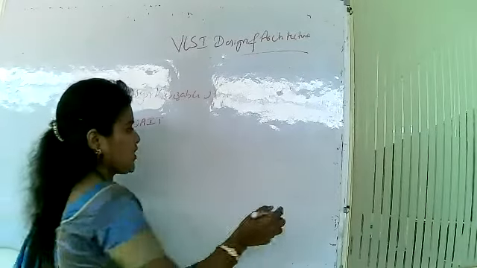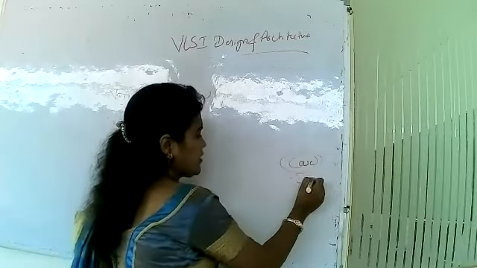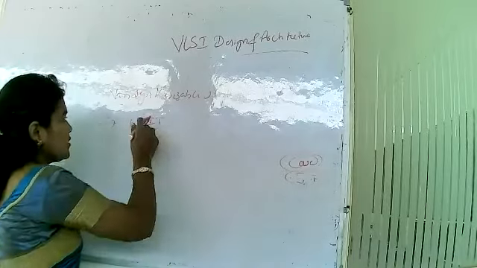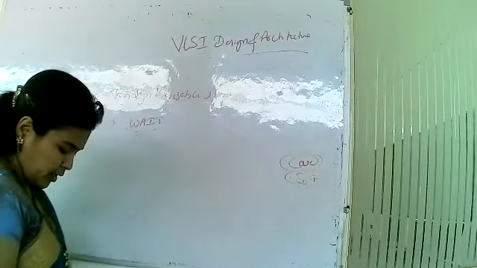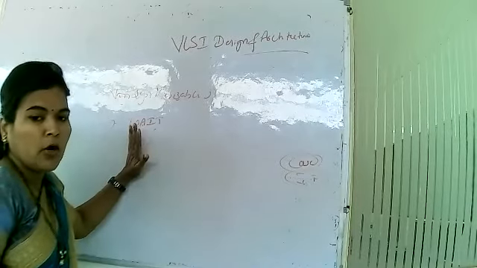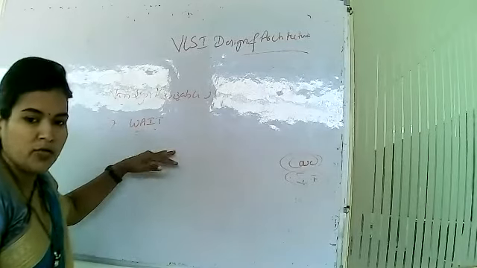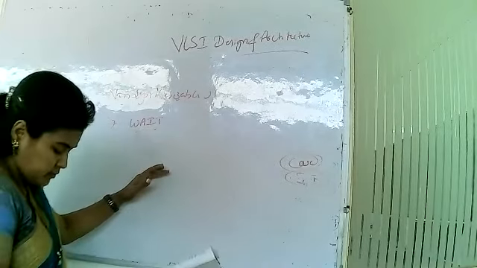In the synthesizable, there are two statements: the first one is case, next is if. But this one, wait, is non-synthesizable. Wait is similar to if only. What is wait? You have to wait. Unless the condition is true, you have to wait. That is the same as that of the if only.